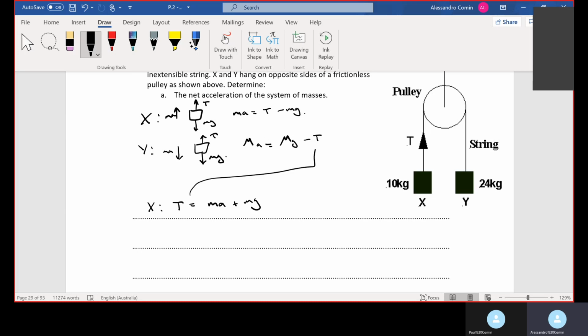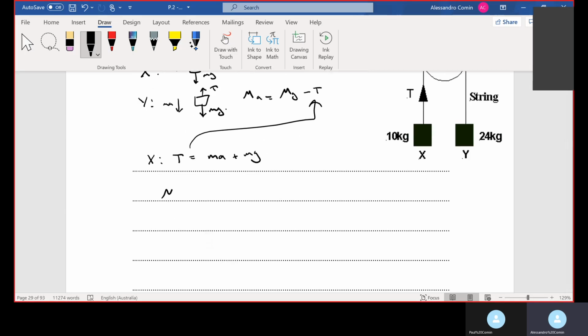And I'm going to substitute this into equation Y. And that's going to result in Ma is equal to Mg minus ma minus mg. So I'm going to skip ahead here, but basically we're going to get a is equal to g (M minus m) over (M plus m).